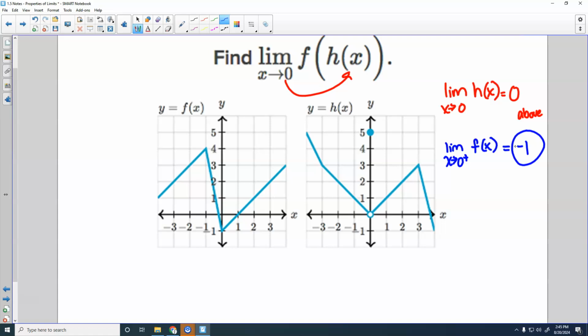But there are some where it does matter, so it's not a bad idea just to be in practice. When you get this answer, think about whether it's above, below, or both sides. If it's above, that's going to translate to being from the right-hand side, because technically you would only be looking at the right-hand side of this limit. It just doesn't matter because they're the same. Okay, questions there?